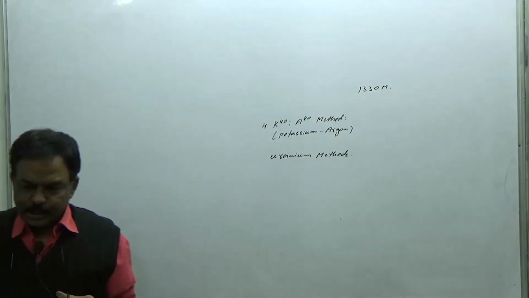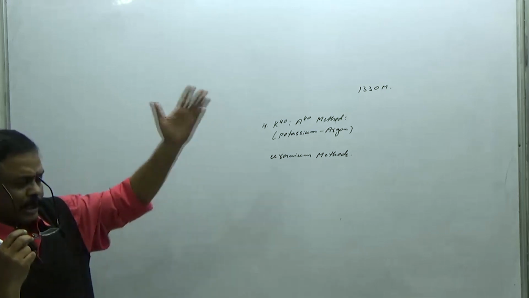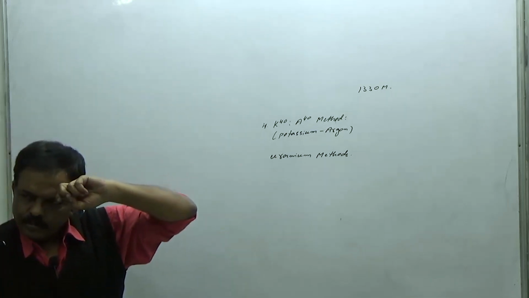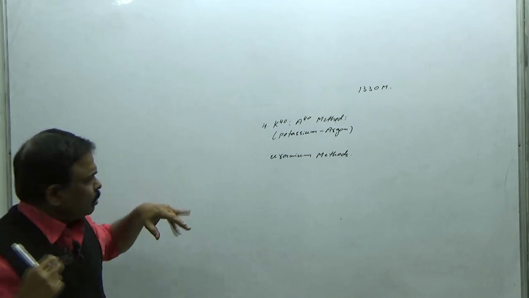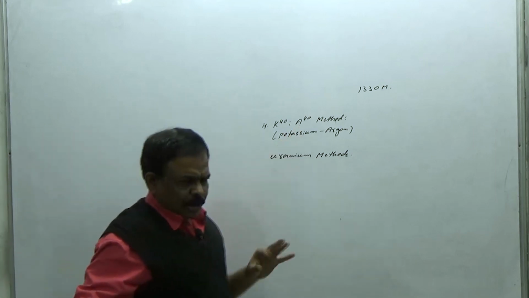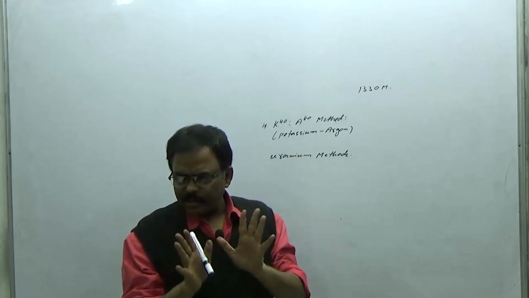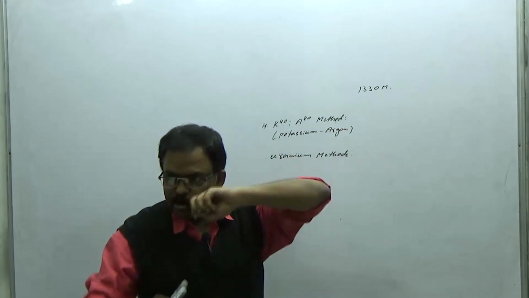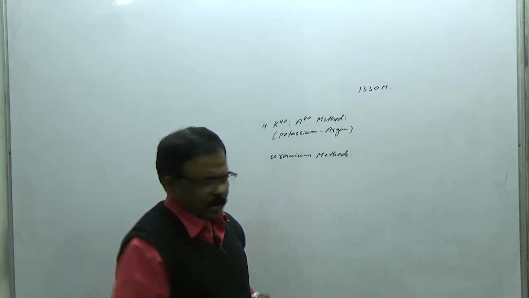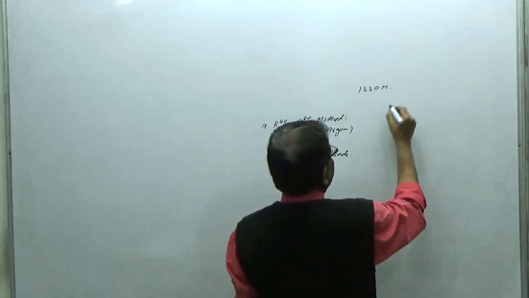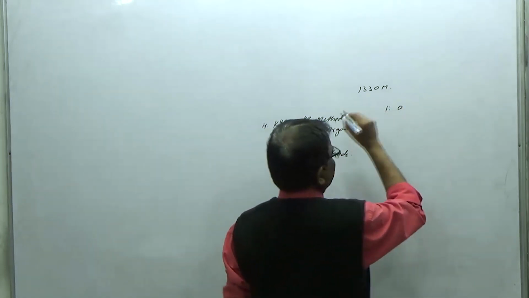That means its half-life is 1330 million years. That means argon is completely nil in the beginning. The percentage may differ from one volcano to another, of course, but the first ratio is 1:0.